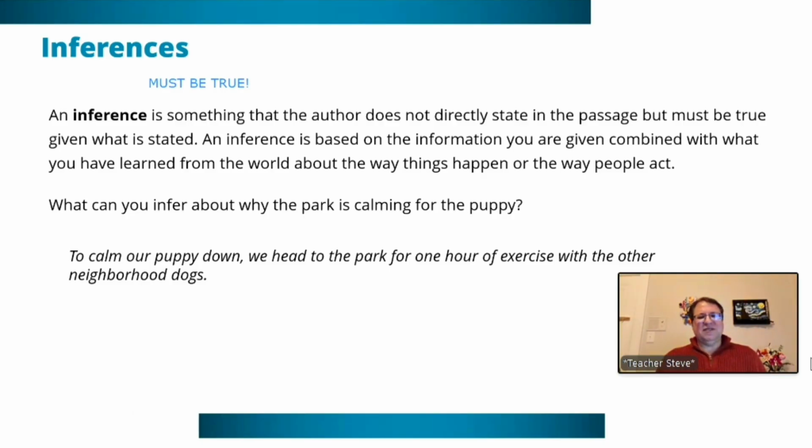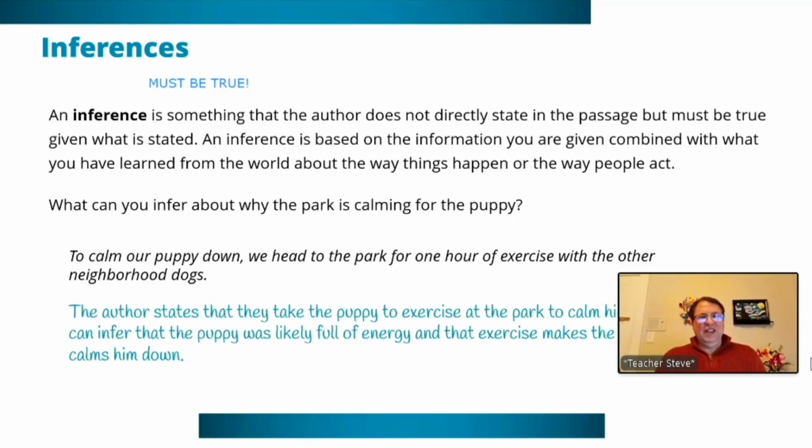Well, let's think about what we know here. What is this author implying the result of exercising with the neighborhood dogs is going to be? Yeah, it's going to calm the puppy down. The dog is hyper. Taking the dog to the park will calm him down.